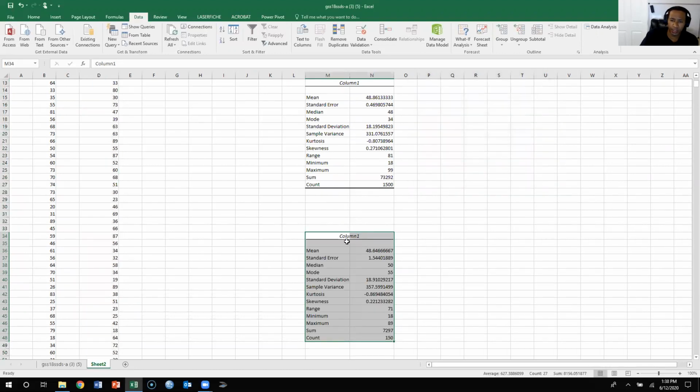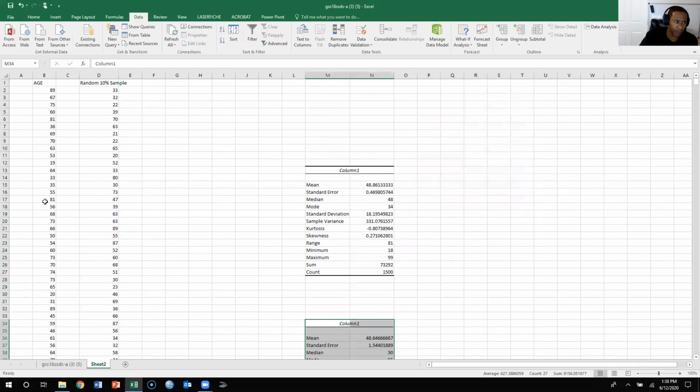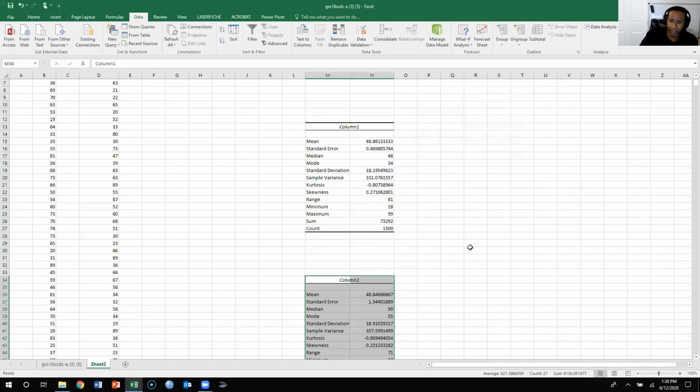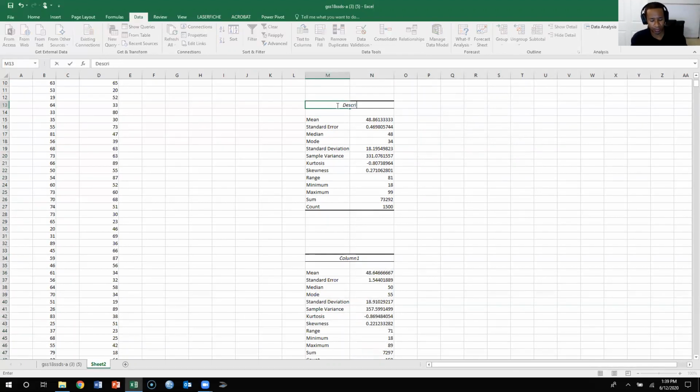So this is the descriptive statistics for the second sample, for the actual sample, the 10% sample. This is the descriptive statistics for the whole 1,500 respondents. So as you can see, the actual mean is pretty close to the mean of the full. I'm just going to label this. That's full sample.